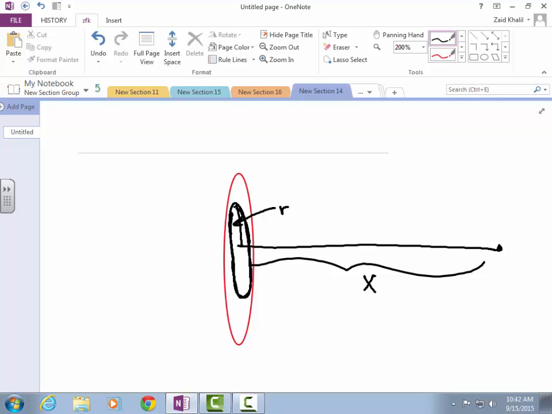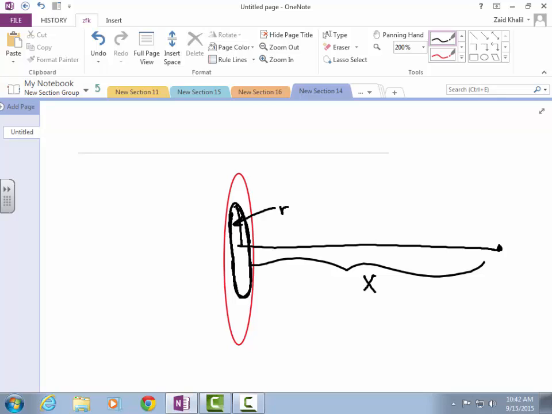That's right. So what I'm going to do is use the work I've already done.